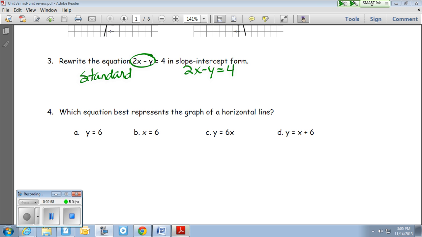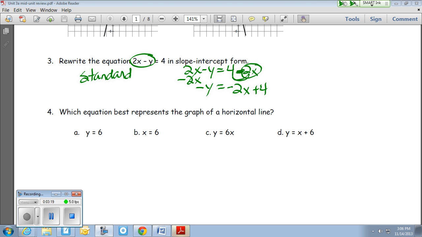So I want y equals mx plus b format. So the first thing I'm going to do is subtract 2x from both sides, and that leaves me with a negative y equals, and I'm going to turn these around to put it in mx plus b format. So that's a negative 2x plus 4 because the 2x is negative and the 4 is positive.